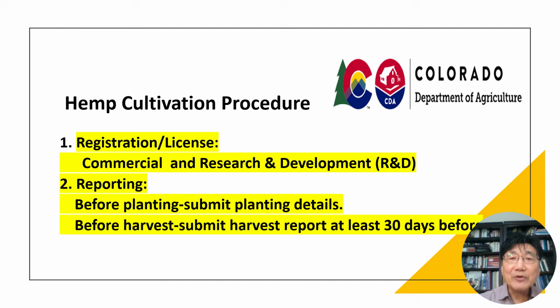And as an important administrative procedure, if you want to grow cannabis, you must obtain a permit from your state government. In Colorado State, hemp cultivation requires registration and, if necessary, a license too. A cultivation plan and the harvest schedule must be submitted to the Colorado Department of Agriculture 30 days before.